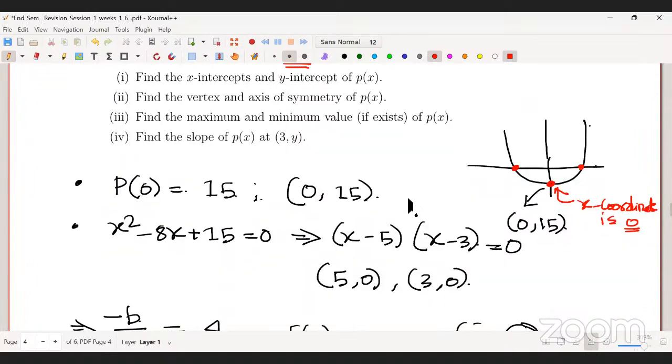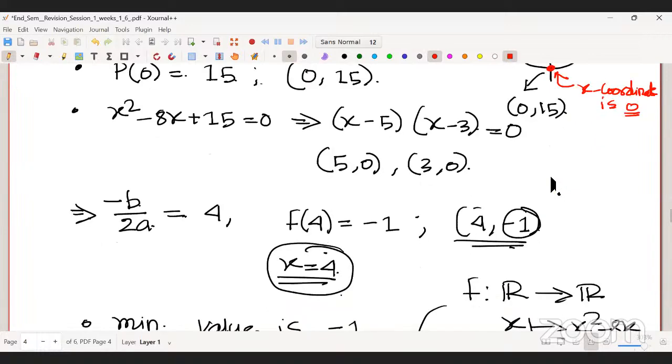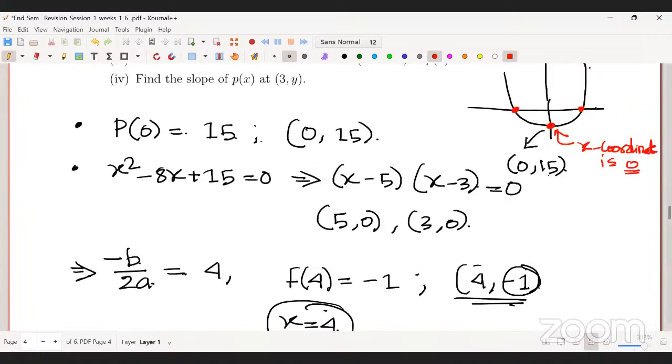So you know that this parabola attains its minimum value at the x coordinate of the vertex, right? So what is your vertex? This point, right? The x coordinate of the vertex is 4, and it attains its minimum value at x equal to 4.